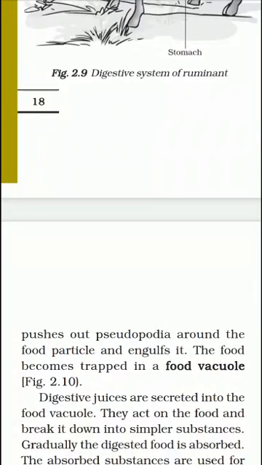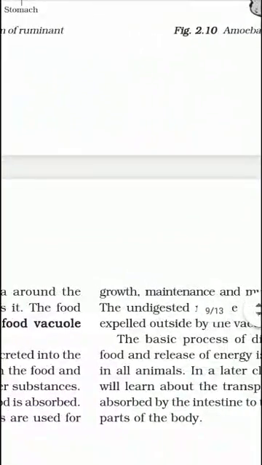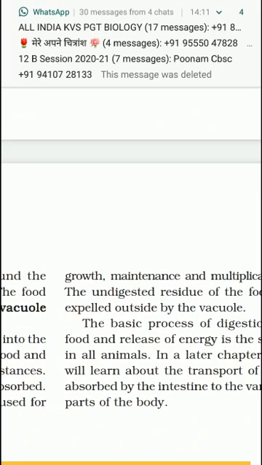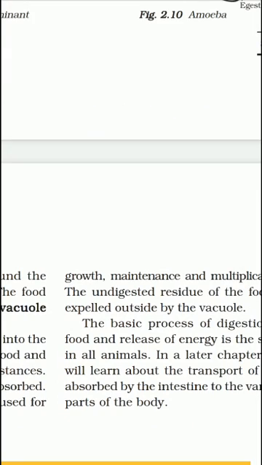The digestive juices are secreted into the vacuole, and food is digested here into the simplest substances. These absorbed substances are used for growth and maintenance of the body as well as cell division. The undigested residue is expelled outside by the vacuole through the body surface.